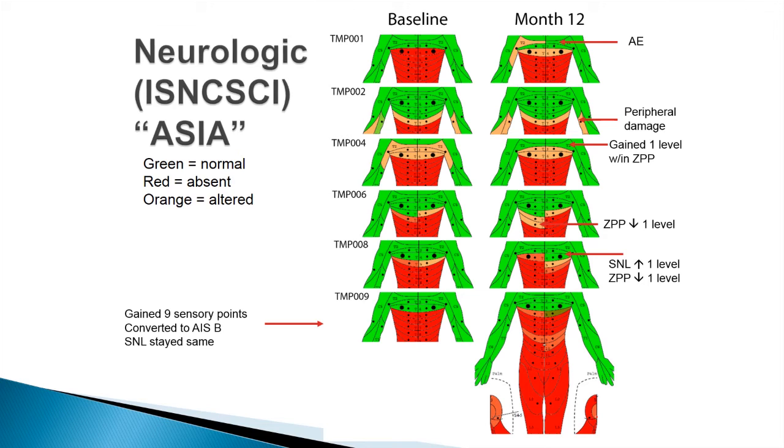However, with all of these gains, his single neurologic level actually stayed the same. So this really shows how important it is to look not just at INSCI levels or ASIA grades, but you need to really get into the detailed data from the evaluation.